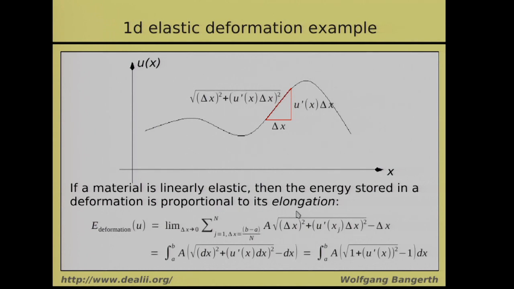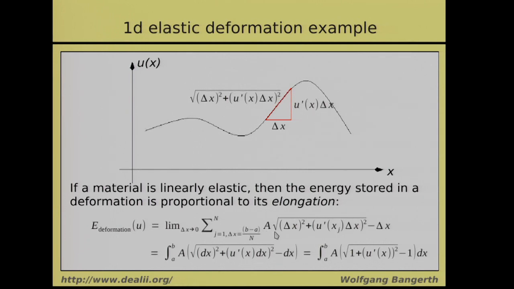I can calculate the elongation, which, as I said, is the square root of delta x squared plus delta u squared. Then I'm going to add this up over every delta x from the left to the right end. So the deformation energy is going to be the sum over all of these delta x's from j equals 1 to n, so let's say there are n delta x's.